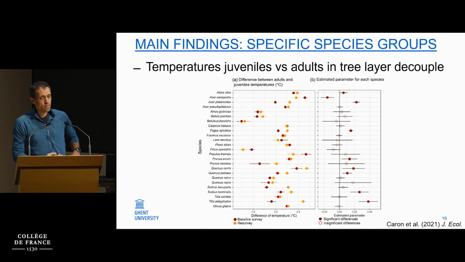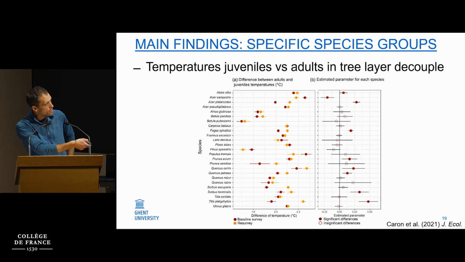Then we also looked at the regeneration, just as Don has shown for Wisconsin. There are quite a lot of changes going on with regards to the trees present in the herb layer. So in this particular paper, we looked at the temperatures that the juvenile trees, so the small tree saplings, are experiencing compared to the adults, and this in the 2 time periods.